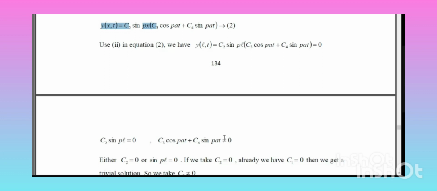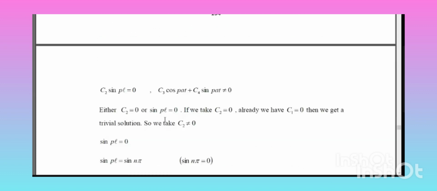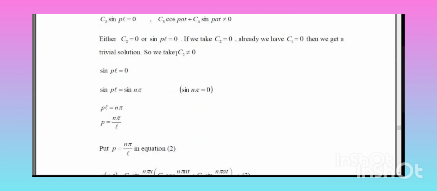So C2 is equal to 0 means the second equation will vanish, so we cannot apply the other two conditions. That's why we are taking C2 is not equal to 0.